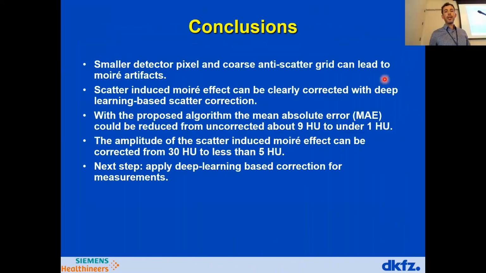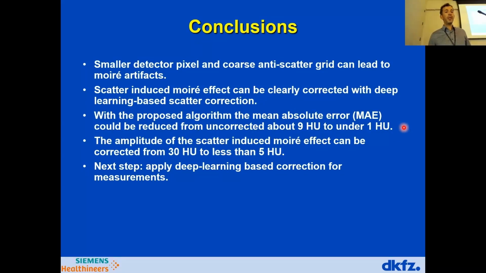So let's conclude this talk. The small detector pixels used in photon counting CT and the coarse anti-scatter grid can lead to these Maier artifacts, which have to be corrected. We have shown here a deep scatter method which can clearly correct these artifacts.